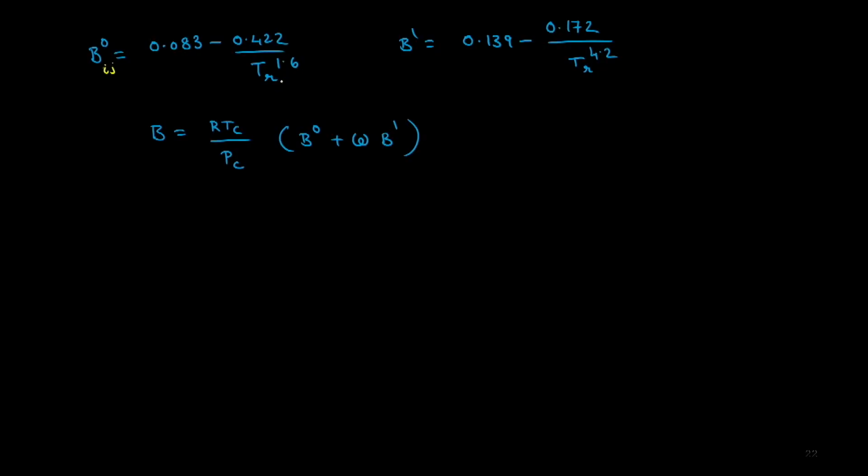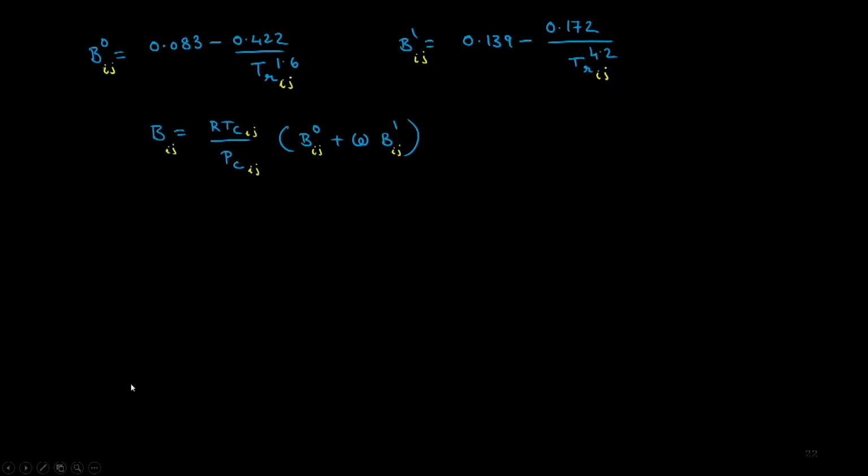To get Bij, we use the reduced temperature Trij in these two equations, and what we get is B0ij and B1ij, and we use those B0ij and B1ij along with Tcij and Pcij to obtain Bij.